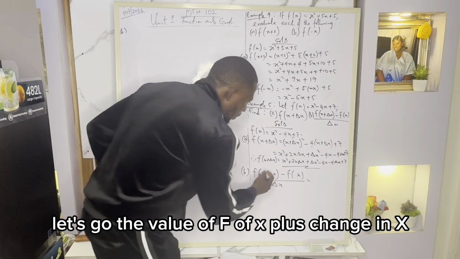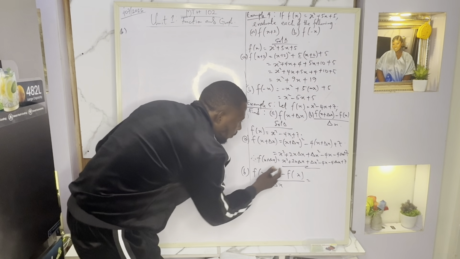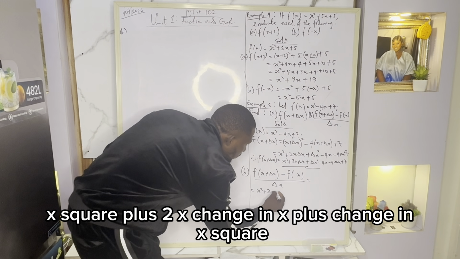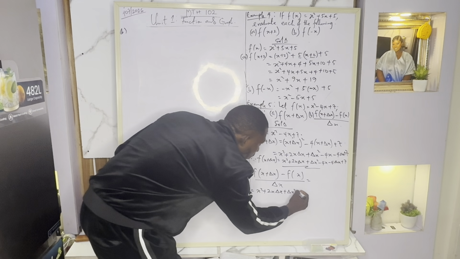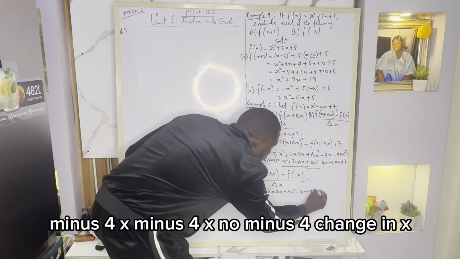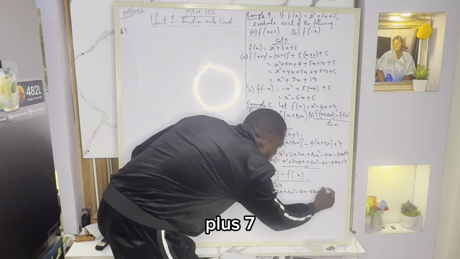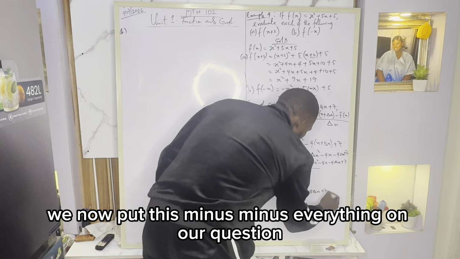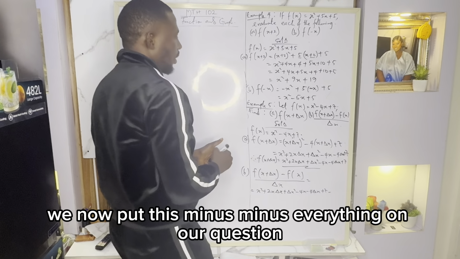So this becomes what? The value of f of x plus change in x equals x squared plus 2x change in x plus change in x squared minus 4x minus 4 change in x plus 7. Now we put this minus everything on our question.